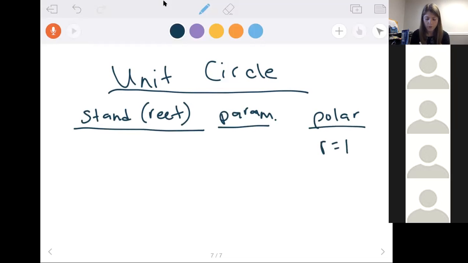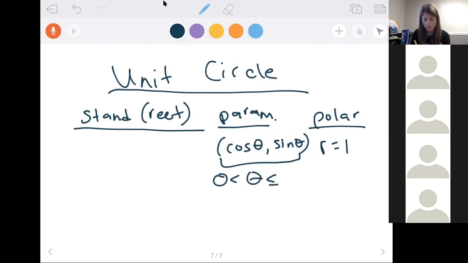Then in parametric form, the x's are defined by your cosine values, your y's are defined by your sine values, and as long as your angle varies between 0 and 2 pi, we create our unit circle. Then for our standard form, x squared plus y squared equals 1.